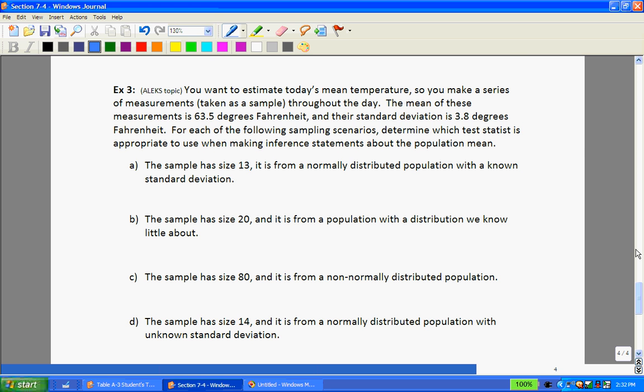So remember, this is coming from the sample. For each of the following sampling scenarios, determine which test statistic is appropriate to use when making inference statements about the population mean. Okay, so a little bit of backtracking here. This has to do with the central limit theorem.